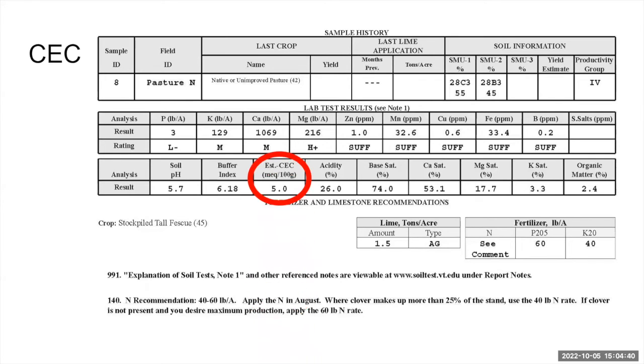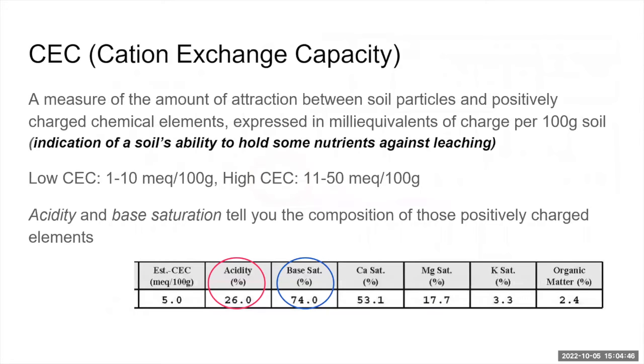We also have CEC, or cation exchange capacity, right next to buffer index. CEC is a measure of the amount of attraction between soil particles and positively charged elements, which would be cations. The units here are milliequivalents of charge per 100 grams of soil. We look at CEC in order to get an idea of the soil's ability to hold nutrients against leaching.